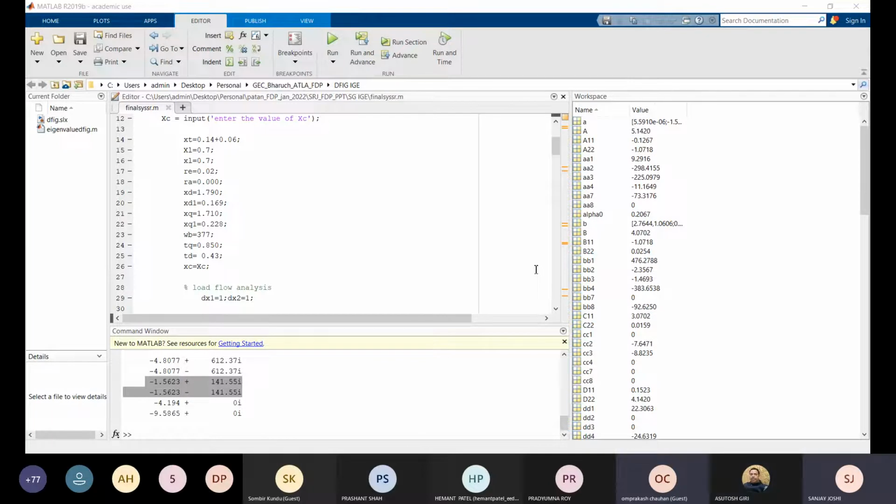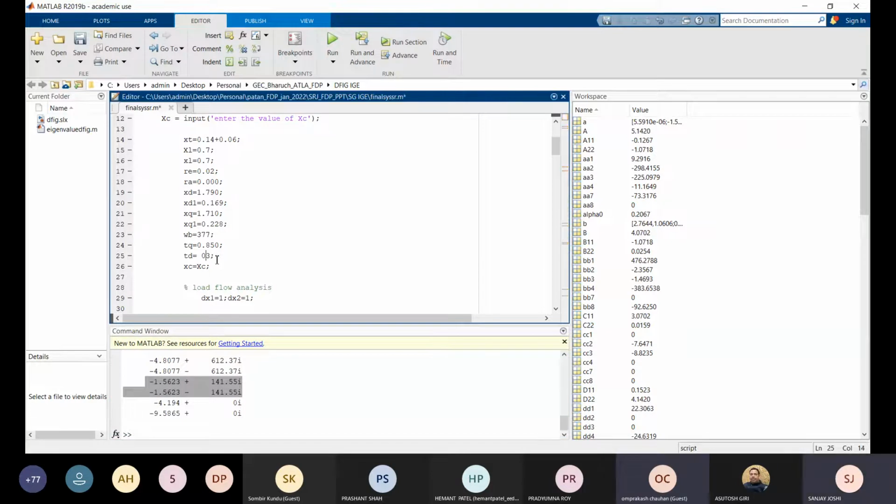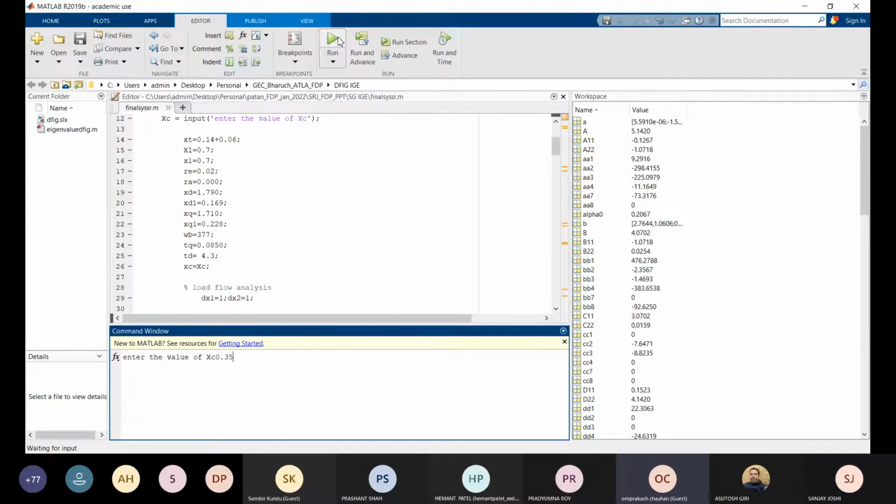The third category of machine, 4.3, 0.85. Can you see that the network mode has become unstable now?